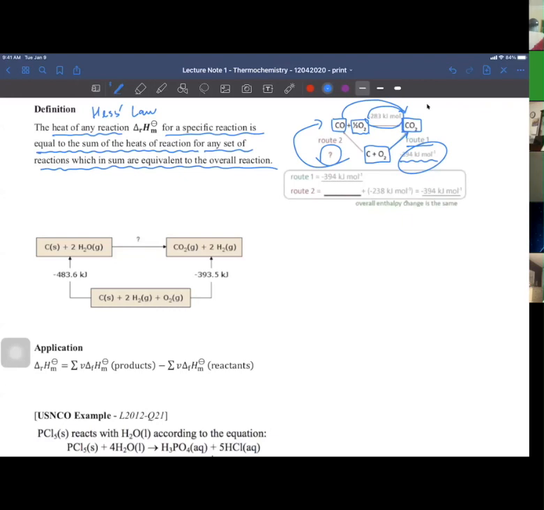But actually, this is built on H being a state function, because if H is not a state function, this is not a valid conclusion, right? Because the delta H is only related to the initial state and the final state. It's not related to what the path is, what the routes are to achieve this goal, right?